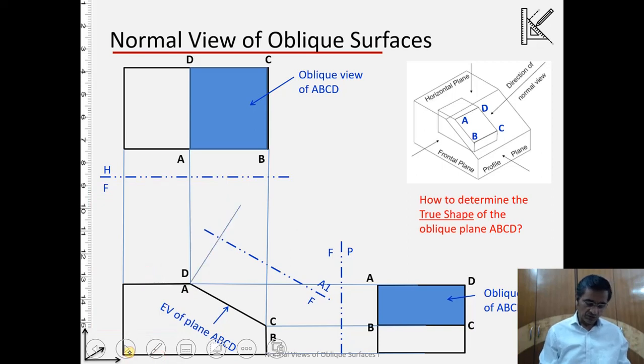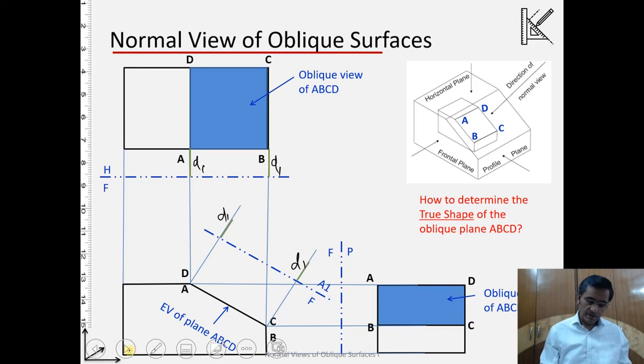If I draw the projectors, that is how they will be, and I am now applying the distances. The distances D1 and D1 are being applied here.